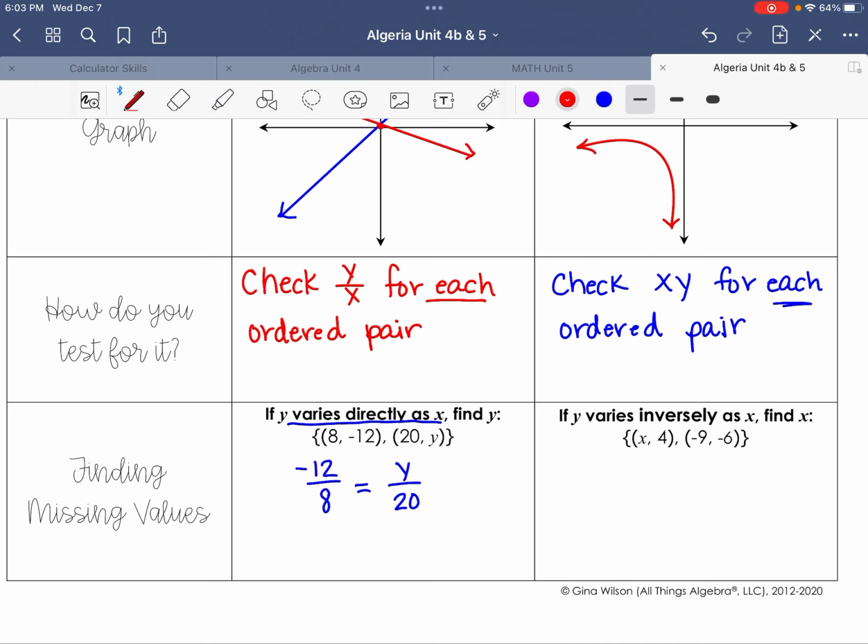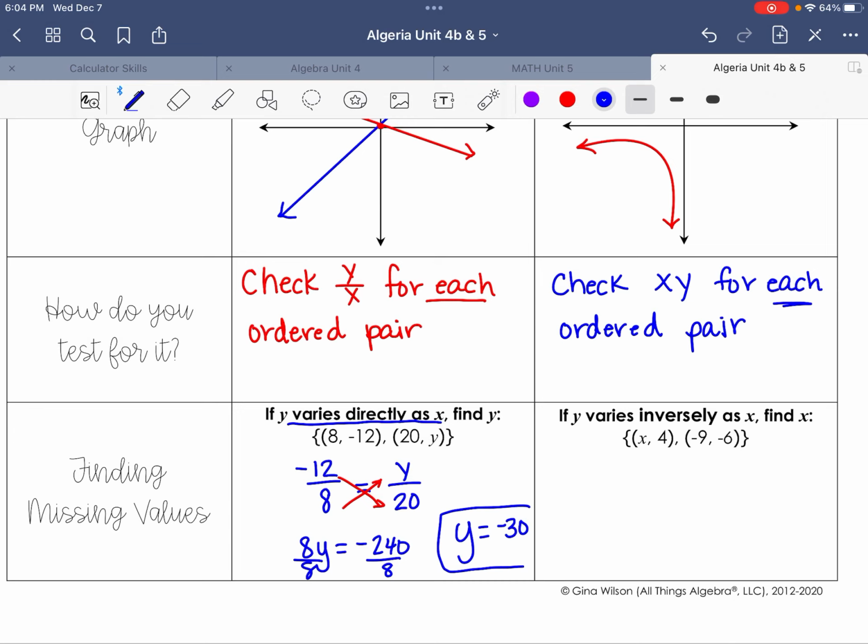Remember, to solve every proportion, you cross multiply and divide. So I'm looking for y, so I'm going to multiply 8 times y to set this up as a linear equation. And then negative 12 times 20 would give me negative 240. Divide both sides by positive 8. The missing number, y, is negative 30.